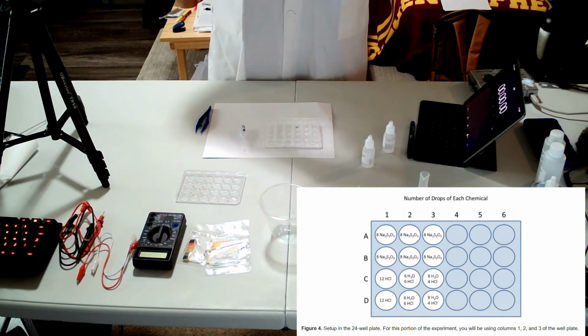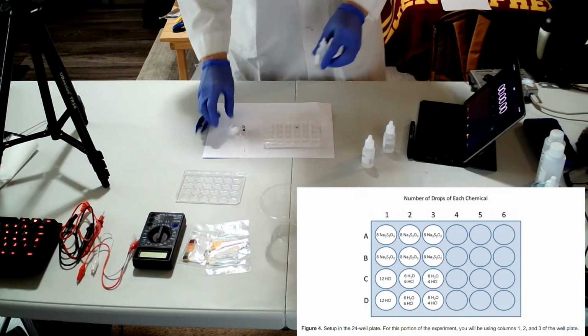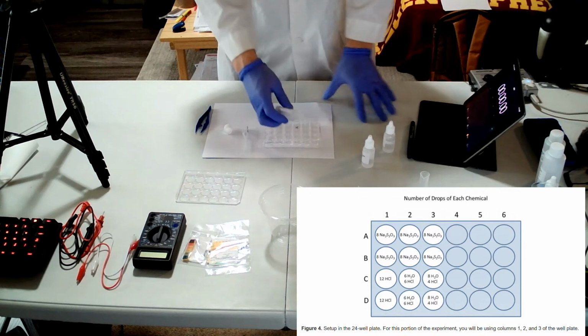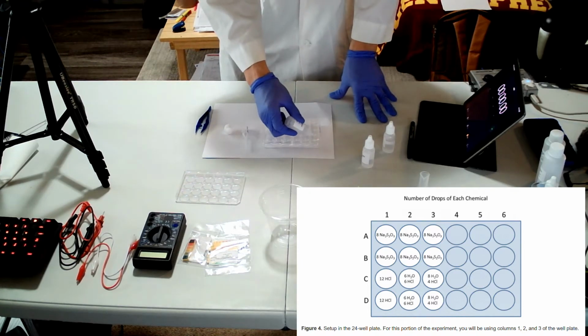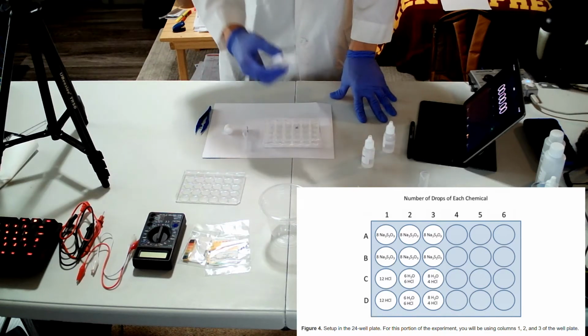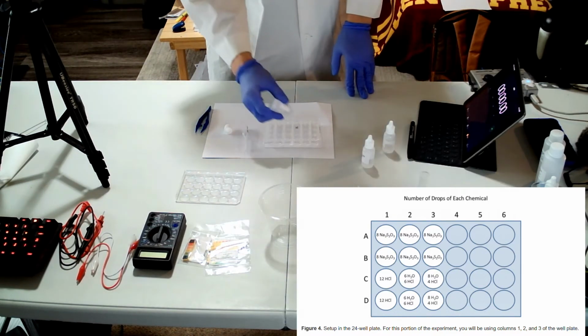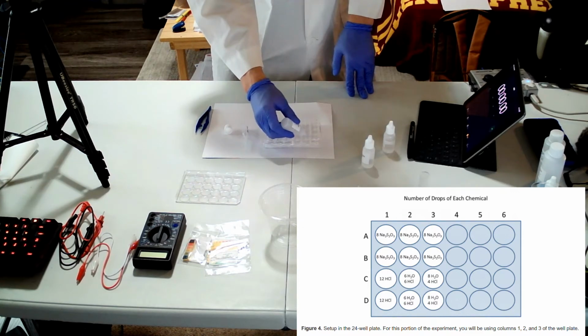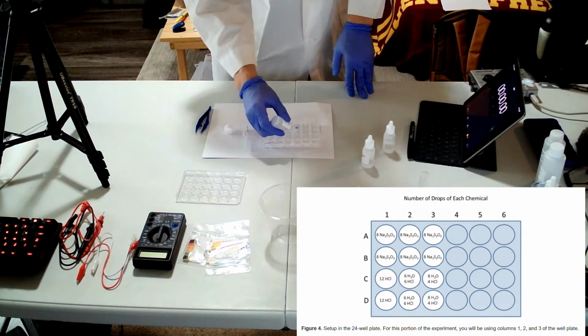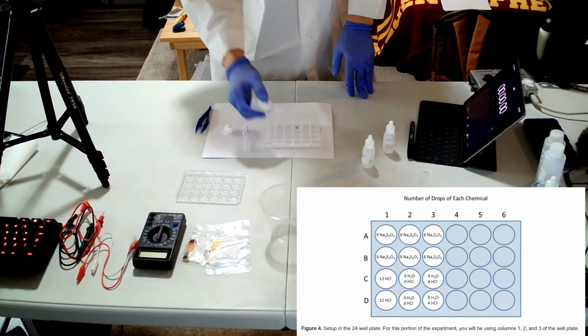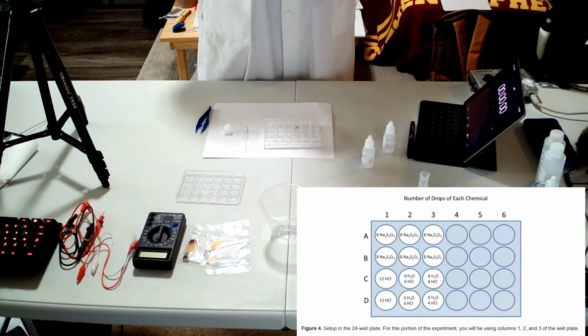So sodium thiosulfate, 8 drops of them. 1, 2, 3, 4, 5, 6, 7, 8. Okay. And so A1, A2, A3, 8 drops each.